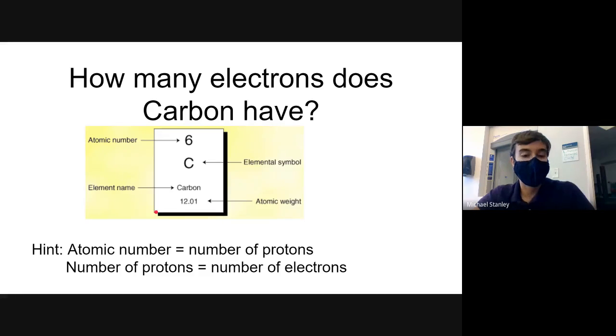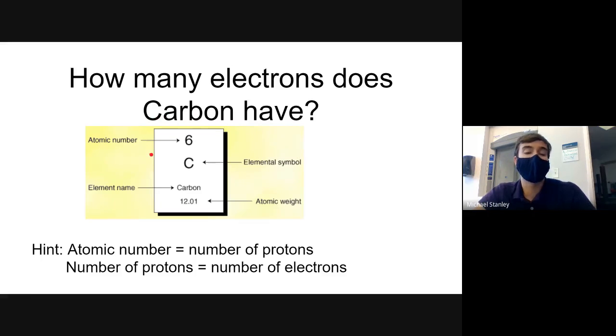Exactly. So our atomic mass or atomic weight of carbon is 12.01, which is basically 12. We can round that to 12. And the atomic number of protons is 6, and 12 minus 6 is 6. So carbon is a cool element because it has the same number of protons, neutrons, and electrons.